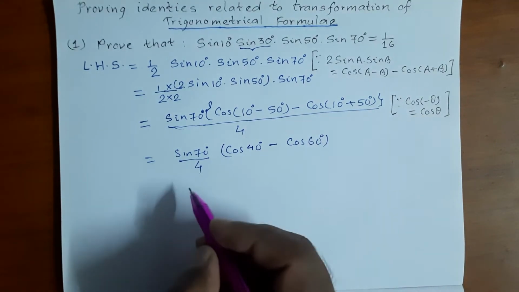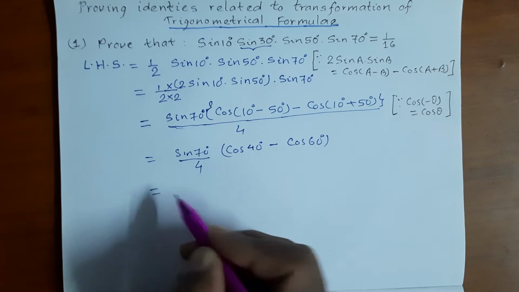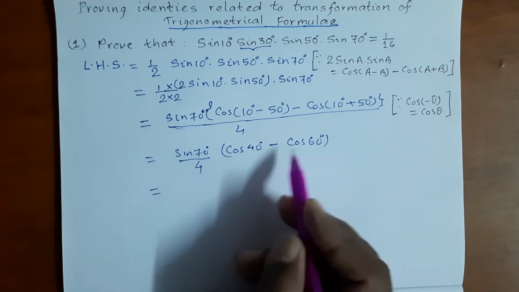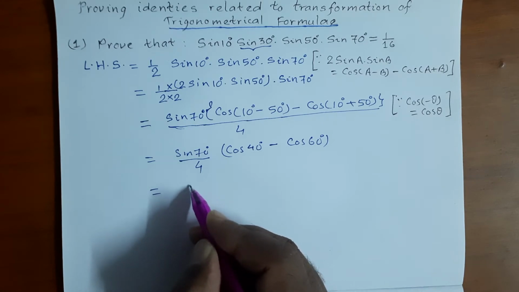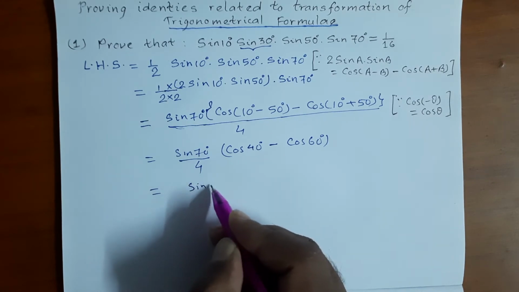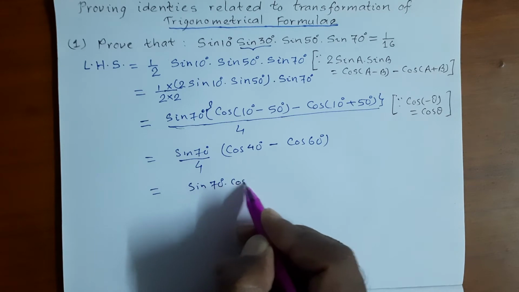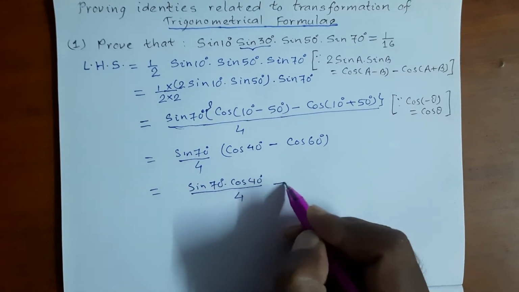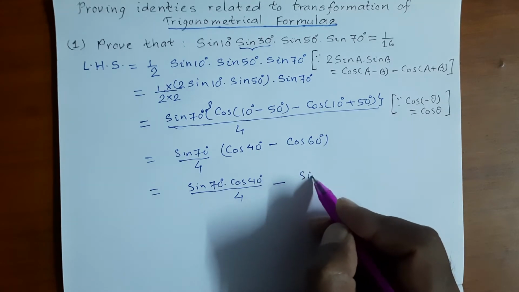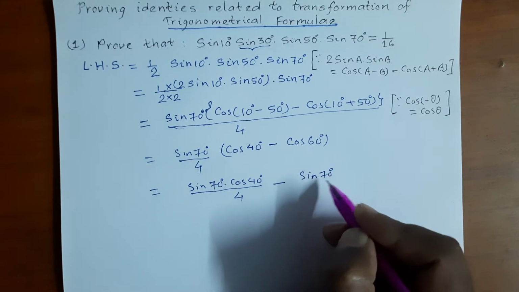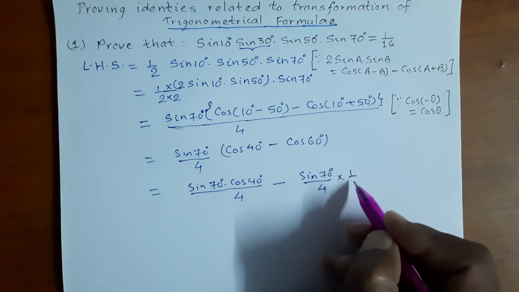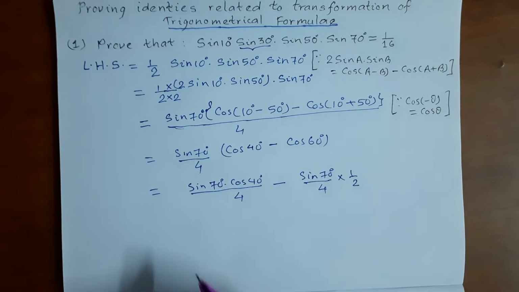Now we multiply this into each term, so it will be sine 70 cos 40 over 4 minus sine 70 over 4 times the value of cos 60 degree, that is 1/2.